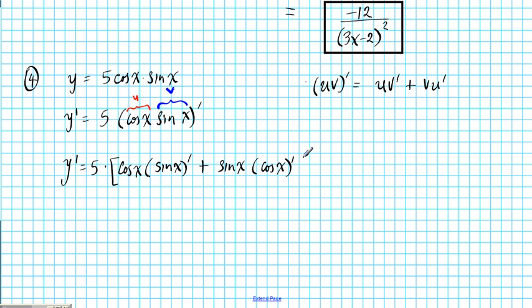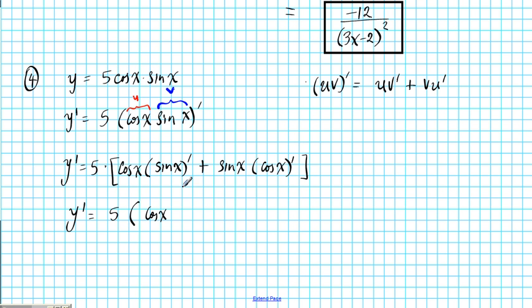Now, remember your trigonometric rules for differentiation. The derivative of sine is cosine, and the derivative of cosine is negative sine. So y prime is going to give us 5 times cosine x.